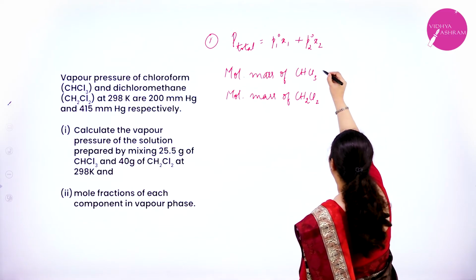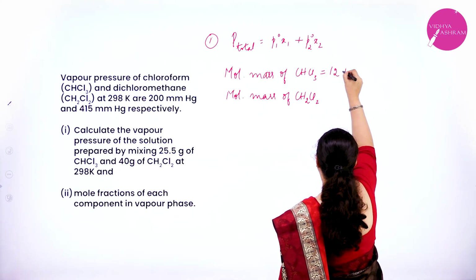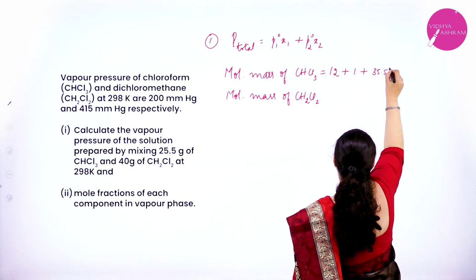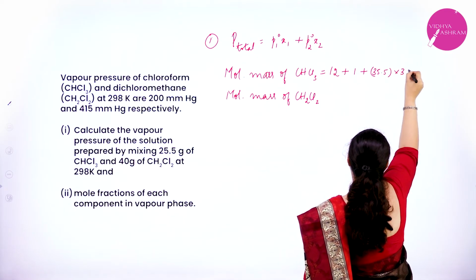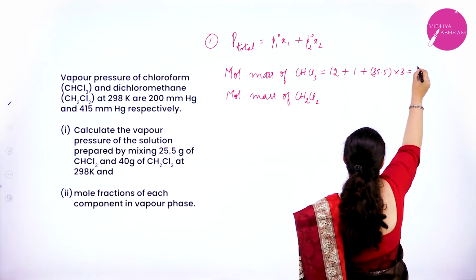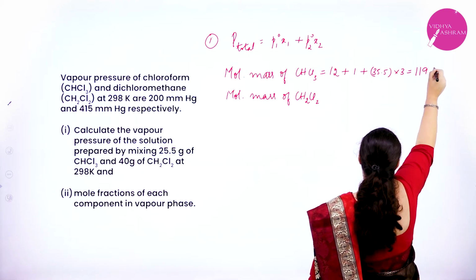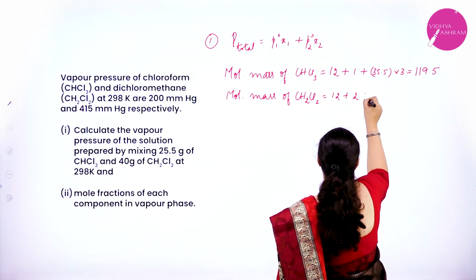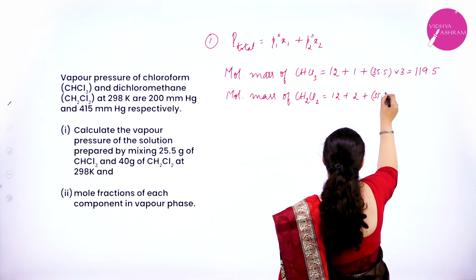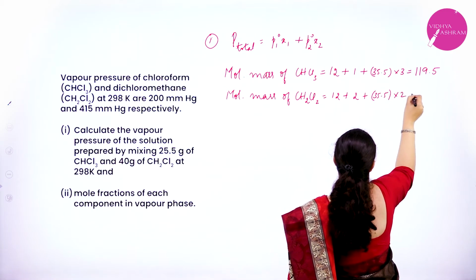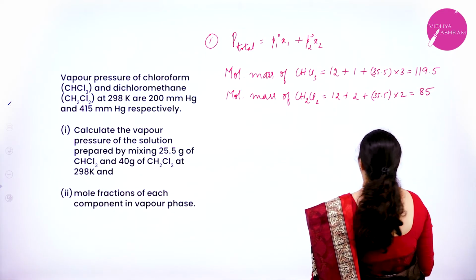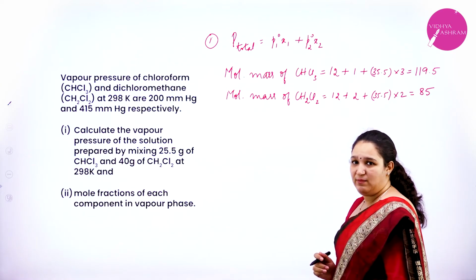Here I have one carbon, so 12 plus 1 plus 35.5 into 3, which is equal to 119.5. Here it is 12 plus 2 plus 35.5 into 2, which is equal to 85. Okay, so I've got the molecular mass.